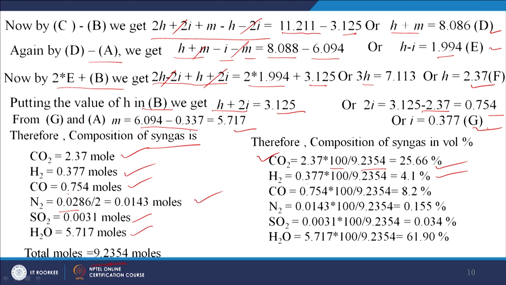For carbon monoxide, 0.754 into 100 divided by 9.2354, that is equal to 8.2%. In a similar way, we can calculate the percentage of nitrogen as 0.155% and SO2 as 0.034% and H2O as 61.90%. So, these are the percentages of different components in the syngas.